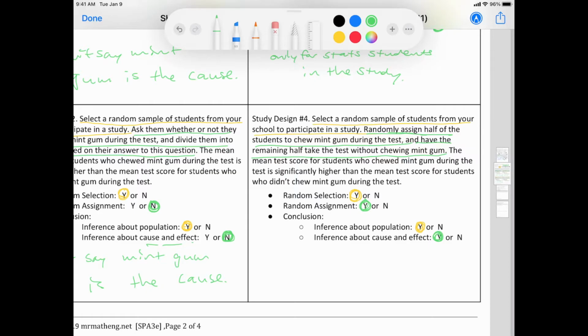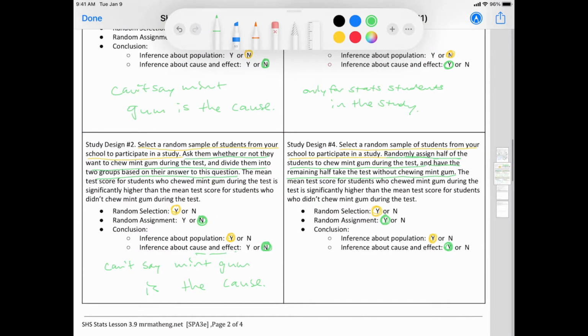So what is our conclusion here? We can say that chewing mint gum causes students to score higher on average for all students. Mint chewing causes.